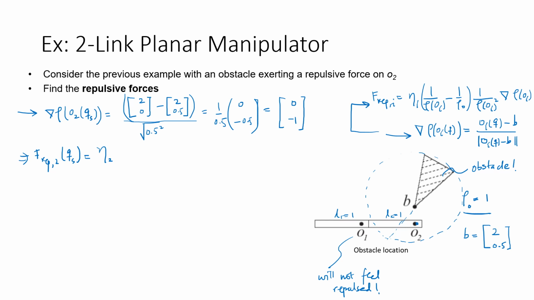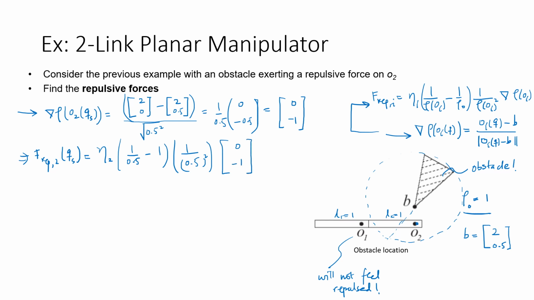So this is just like a design tool available to the designers. So I'll keep it as it is, and then you have 1 over rho O I to be computed, which is already done, which is 1 over 0.5, minus 1 over rho naught. Rho naught is 1, so that is equal to 1. And then 1 over rho squared, so this is going to be 0.5 squared over here. And then you have obviously this gradient computed already. So this is going to be added like a vector (0, minus 1) away.